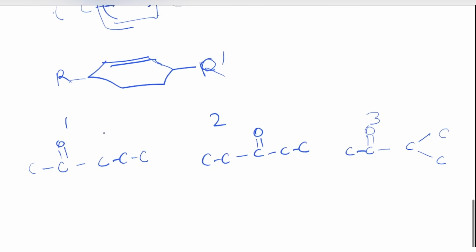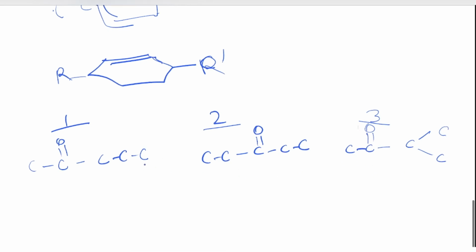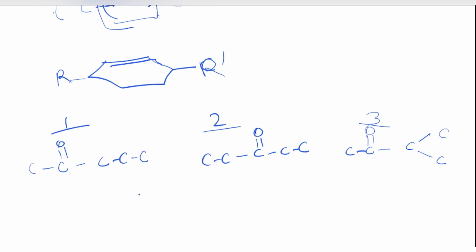Okay, we will consider them one by one and we will compare each pair, like 1 and 2, 2 and 3, and 3 and 1, and see what kind of isomerism they're showing. Let's consider 1 and 2.